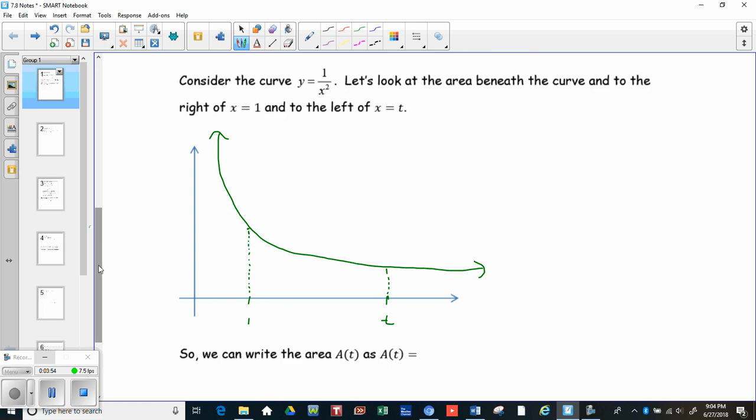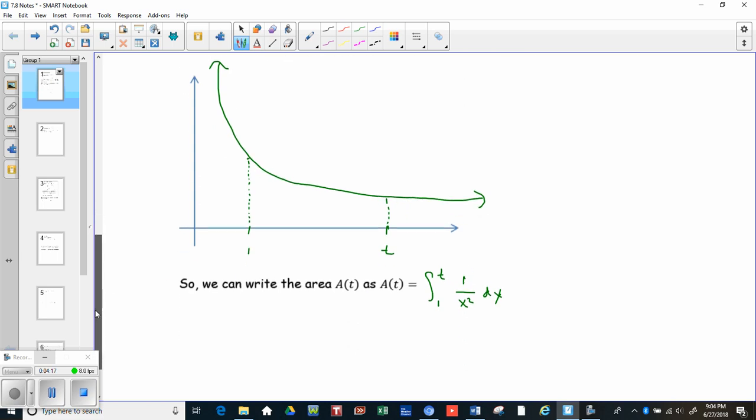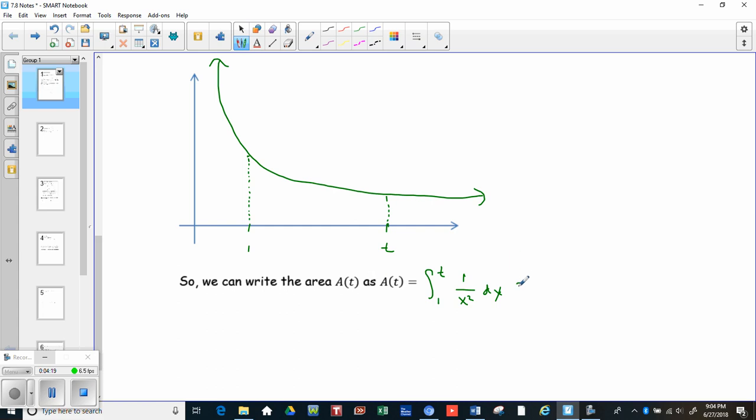So we can find the area by doing the integral from 1 to t of 1 over x squared dx. Remember that 1 over x squared is the same as x to the negative 2. So we can take its antiderivative, which gives us negative 1 over x.